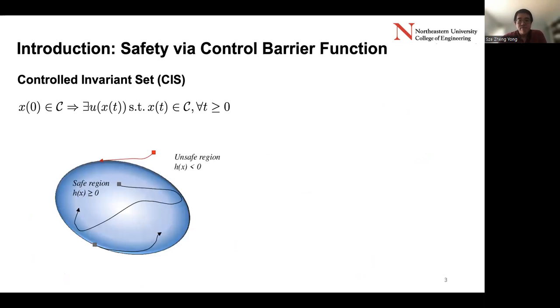Again, this is more of an introduction to control barrier functions. When we deal with safety, we often talk about control invariant sets, meaning that we want to find a set that we call a safe region. If we start within that set, we want to make sure that we always stay within it.